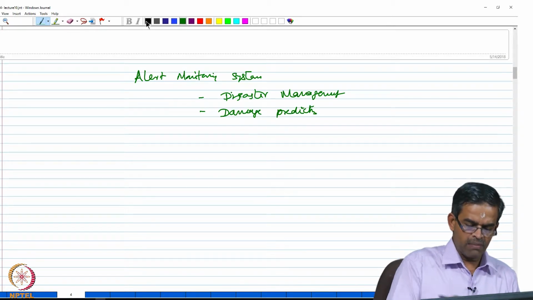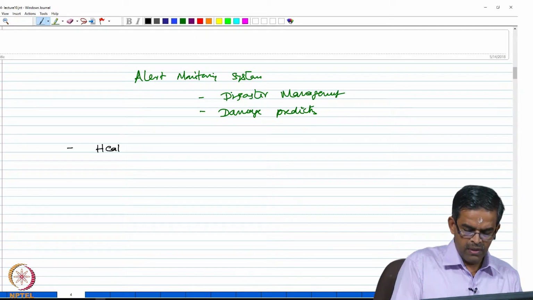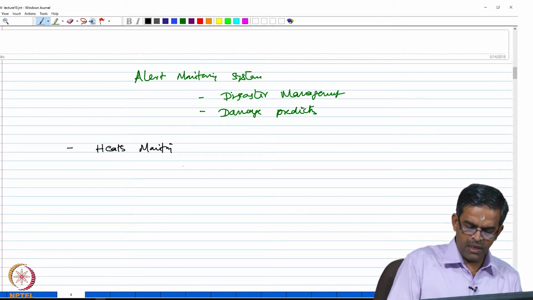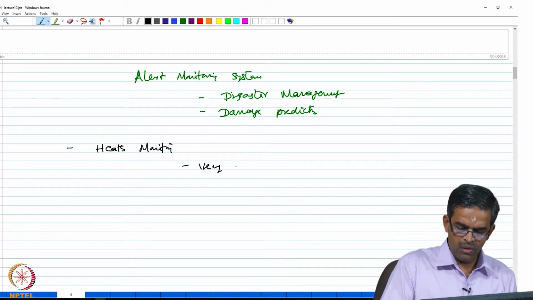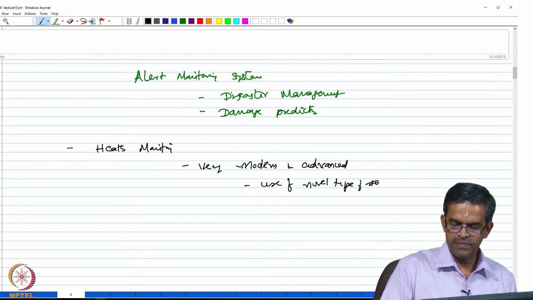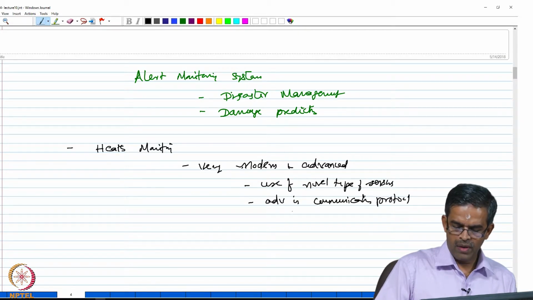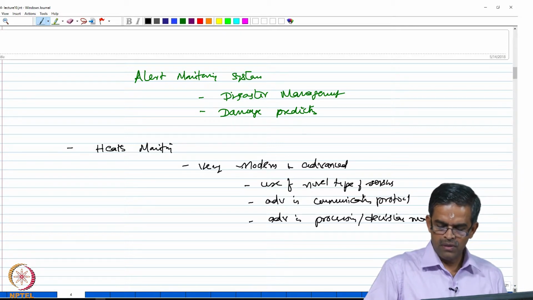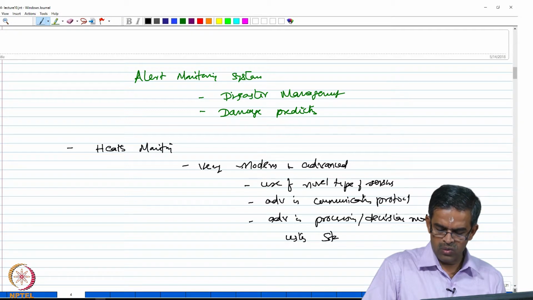We have to agree on an important statement: health monitoring has become very modern and advanced because of the use of a novel variety of sensors, advancements in communication protocols, and advancements in processing and decision making using statistical tools.